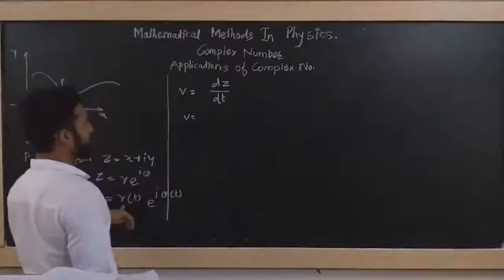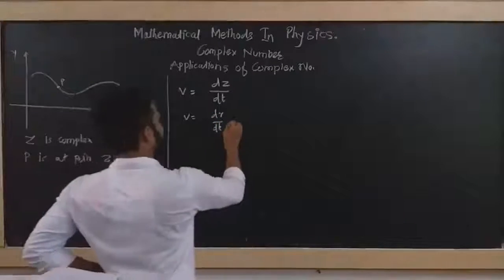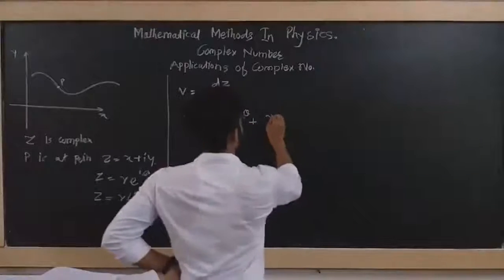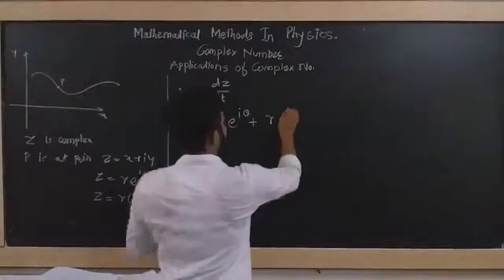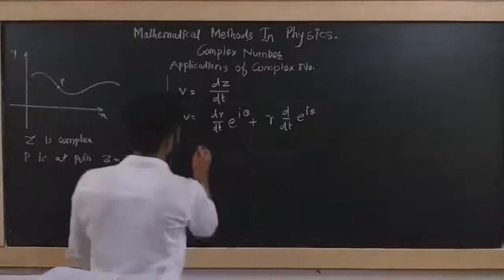First differentiate r, so dr by dt, keep e raised to i theta as it is, plus r as it is, and differentiate e raised to i theta with respect to t.